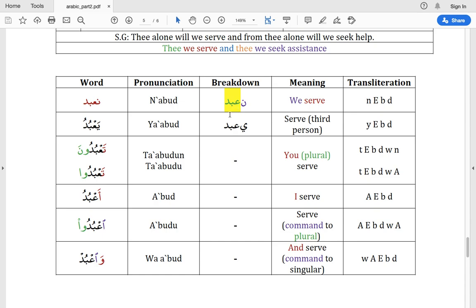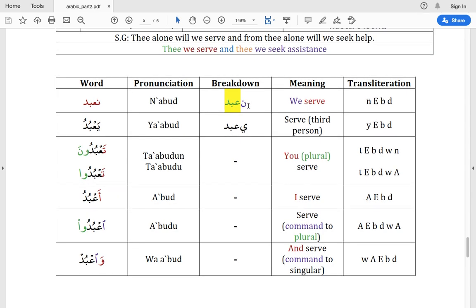Anyway, coming down here, we have we serve. Noon at the beginning always means we. Coming down here, we have ya'budu: ya, ain, ba, dal. Ya'budu, serve. And even third person serve. This is the default wording, by the way. Usually you're going to see ya at the beginning and then the root, because this is third person.